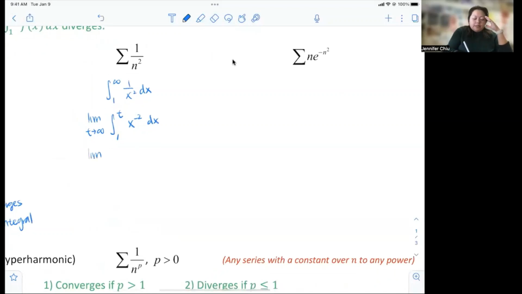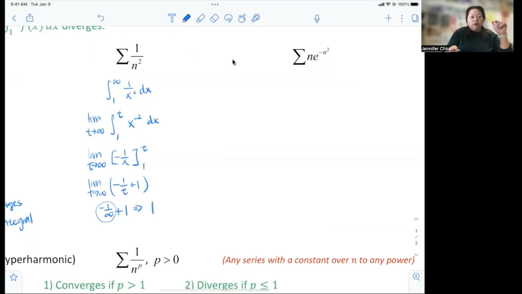So x to the negative 2 becomes x to the negative 1 divided by negative 1, so negative 1 over x, evaluated from 1 to t. Limit as t approaches infinity, this gives me negative 1 over t minus negative 1 over 1, so plus 1. So that's negative 1 over infinity plus 1. This will approach 0, so I actually get an answer of 1. So it's convergent, right? It converges to a number smaller than 1. So the limit gives us a convergent answer.